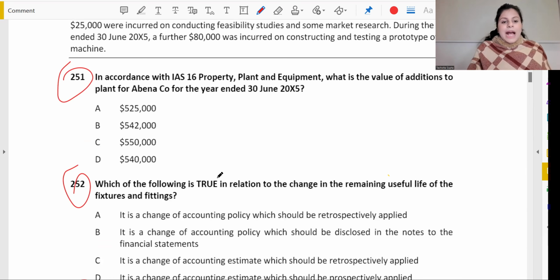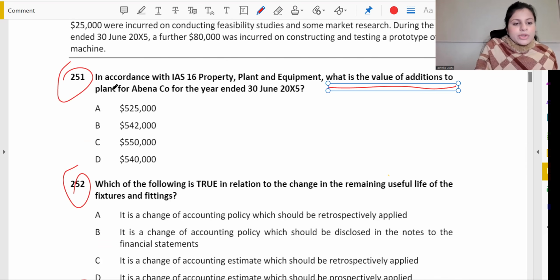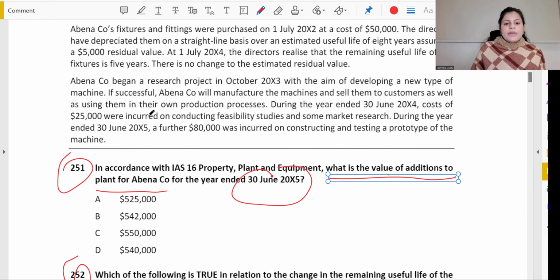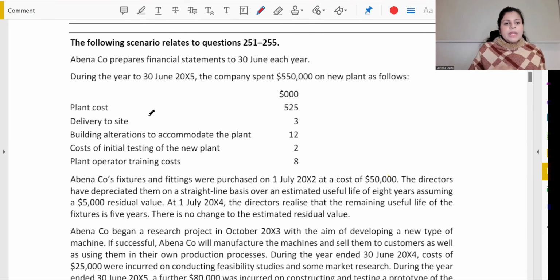In accordance with IS 16, what is the value of additions to the plant for Abena company for the year ended 30 June? So they are asking me the IS 16 value of addition. Question number 251. So what is given to me?